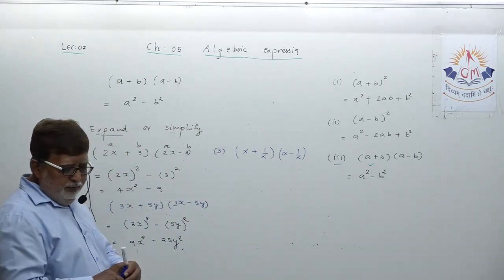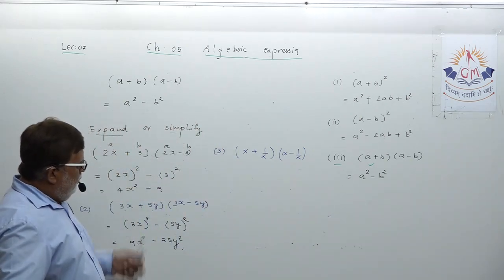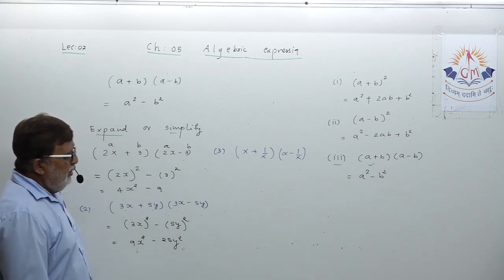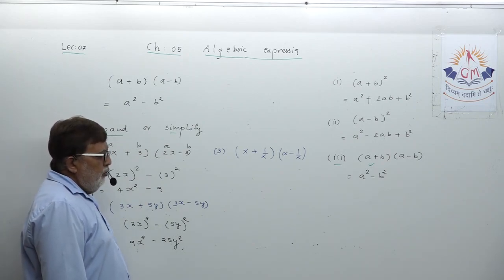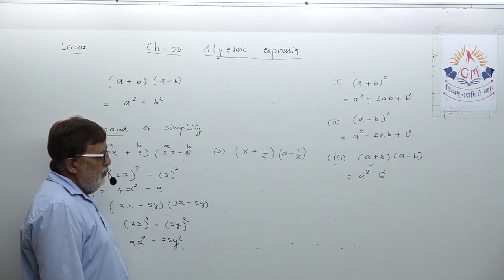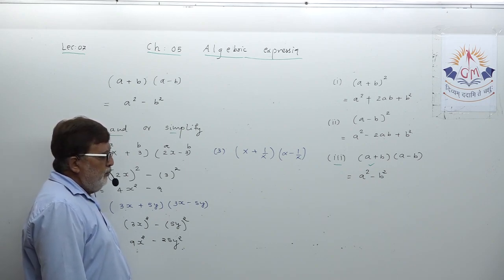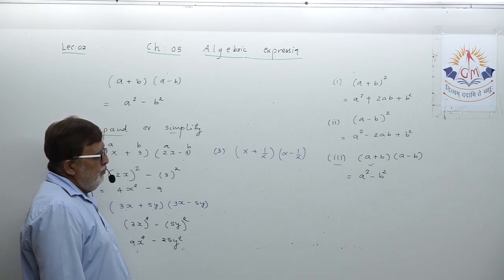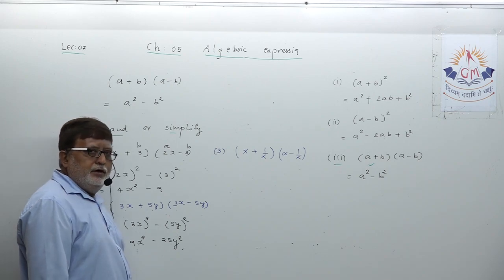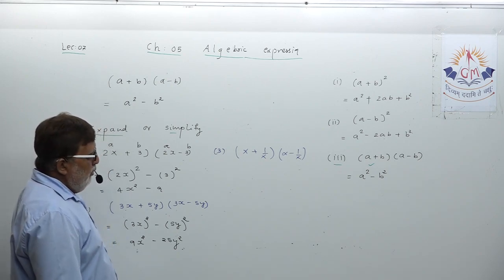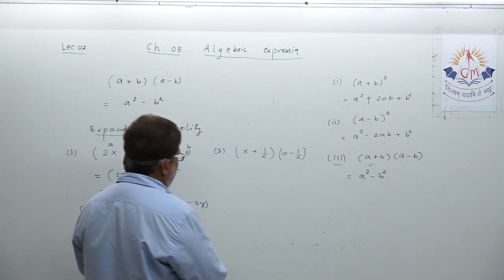See both the terms. There are two brackets. Both have similar terms looking like a plus b, a minus b. Understand? You can consider a as x and b as minus 1 upon x.